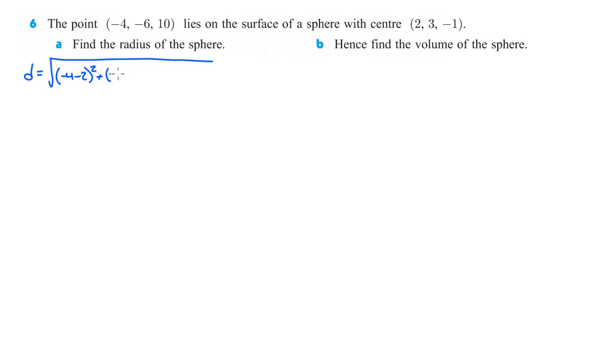Subtract the 2 y's, -6 minus 3 squared, and then subtract the 2 z's, 10 minus -1 squared. Okay. Double negative turns positive, so the distance is going to be -6 squared plus -9 squared plus 11 squared.